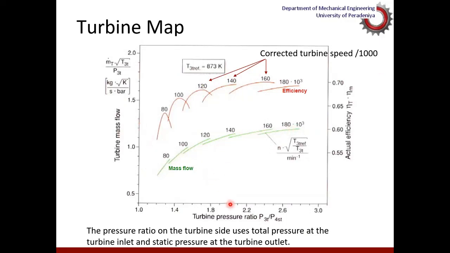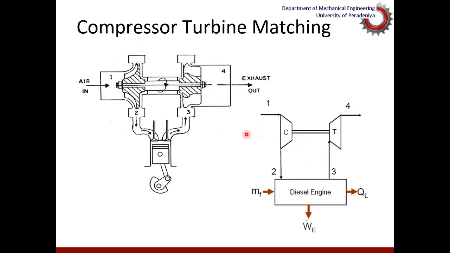So for a given pressure ratio, we could find what should be the best speed as far as the efficiency is concerned, as well as what should be the corrected mass flow rate through the turbine. So this is just a pictorial representation of a turbocharger.